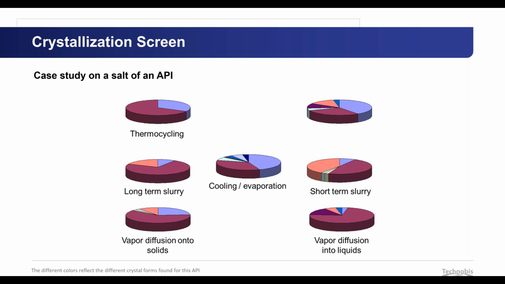What you see here, the different colors are the different polymorphic forms. If you focused on only 1 or 2 crystallization methods, most probably you would not find all the polymorphic forms. I hope with this quite simple example I can give you a bit of an idea that the more we do, in a smart way, with smart design of your experiments, the more you can get out of this.